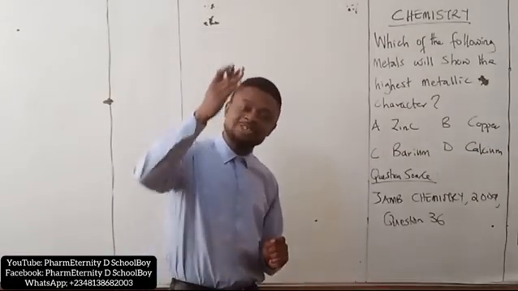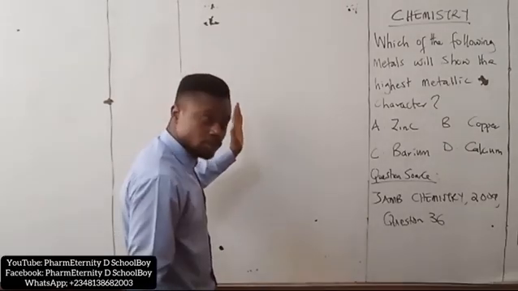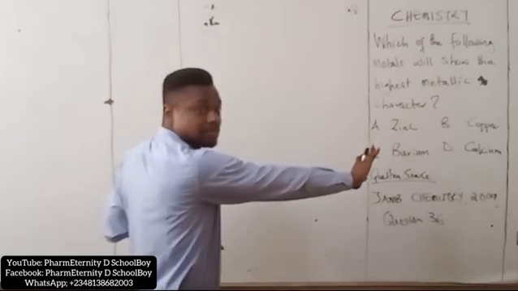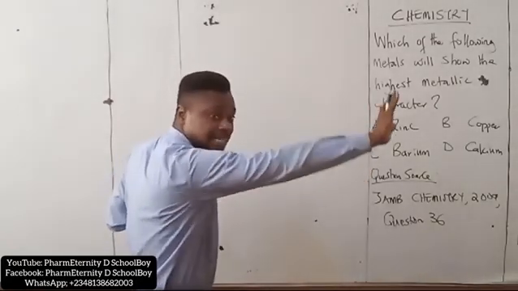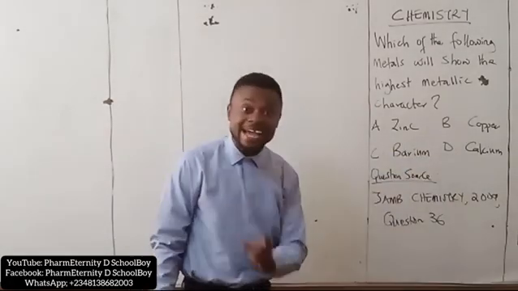As you go down the group, we have group 1, group 2, then after group 2, we have transition metals, then we have group 3, group 4, as the case may be. Now, barium and calcium are in group 2.